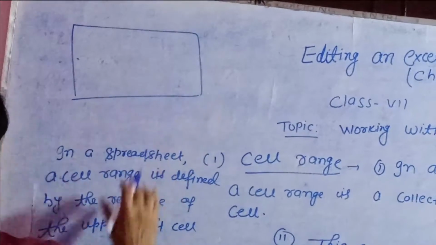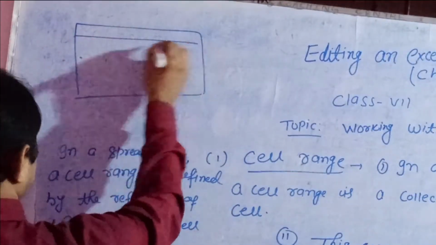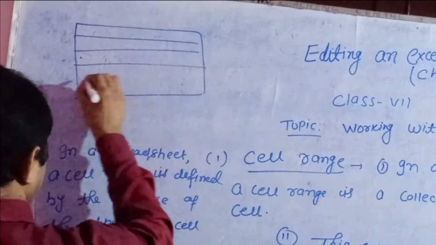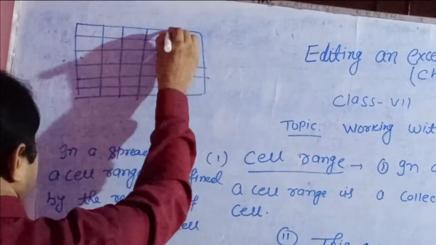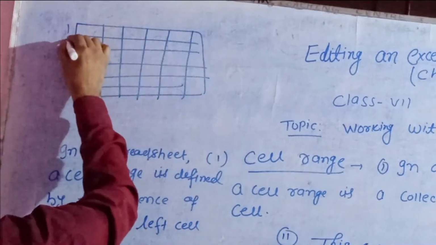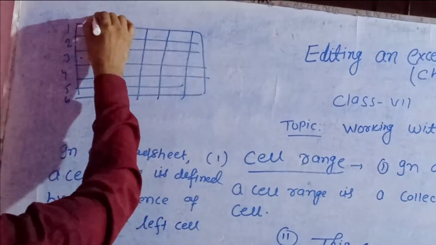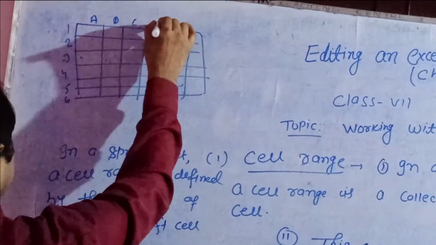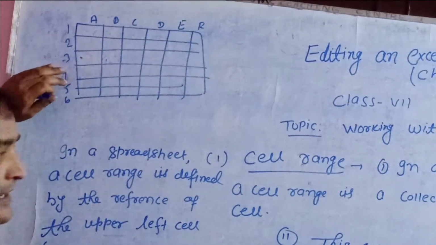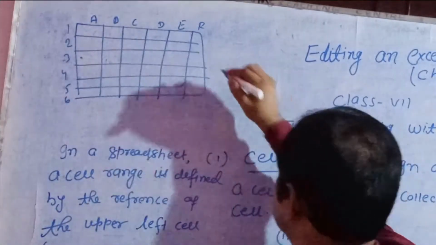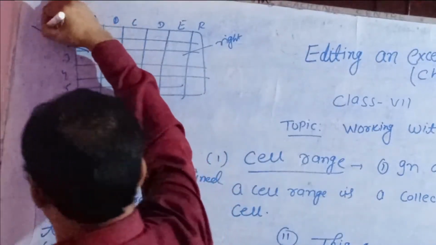This definition I will identify in this diagram. This is the spreadsheet. Columns A, B, C, D, E, F and rows 1, 2, 3, 4, 5, 6. This is the left area and this is the right area.